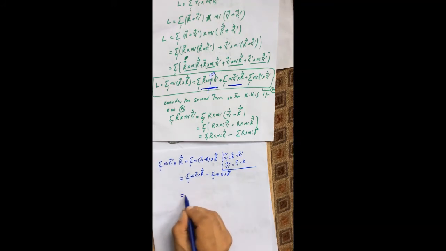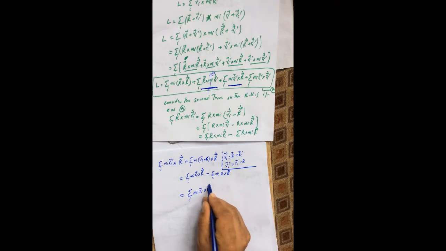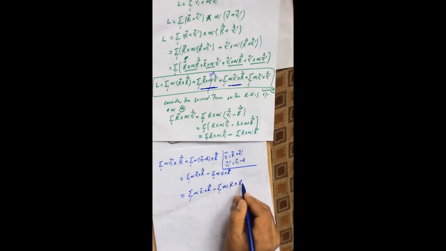I will rewrite it again in clear form: sum over i of mi Ri cross R dot minus sum over i of mi R cross R dot.